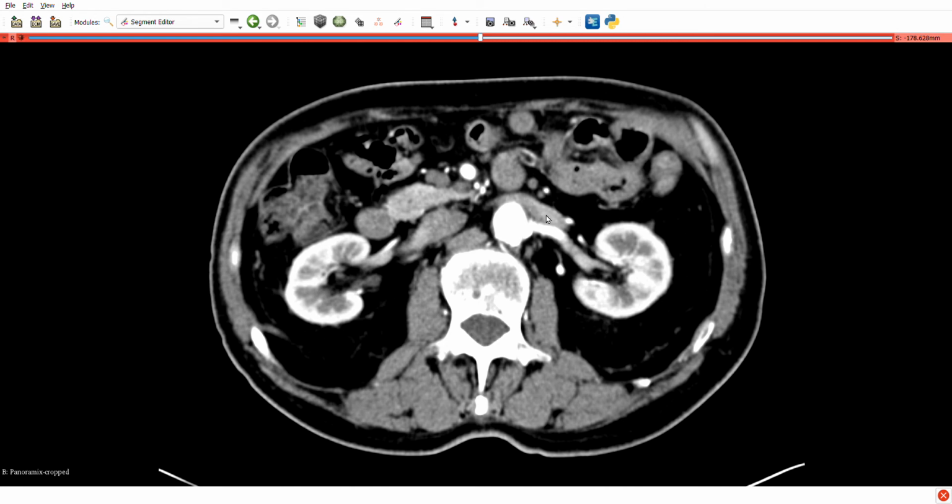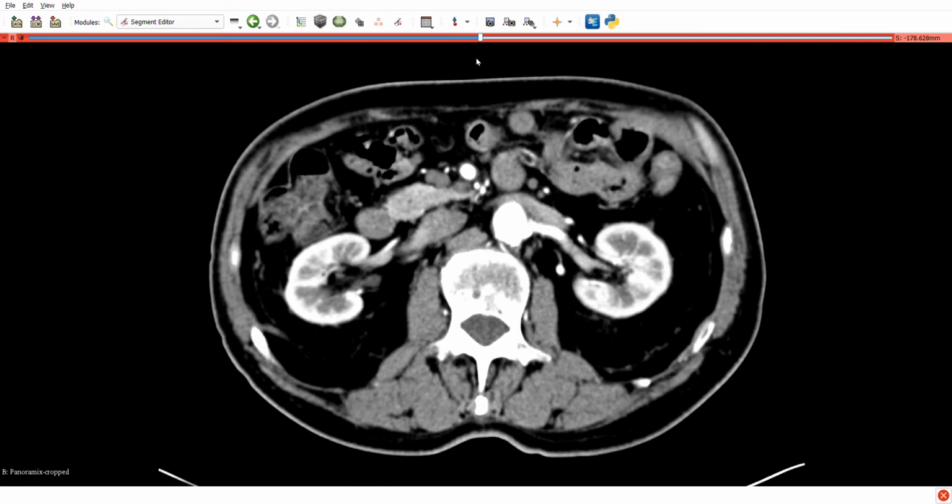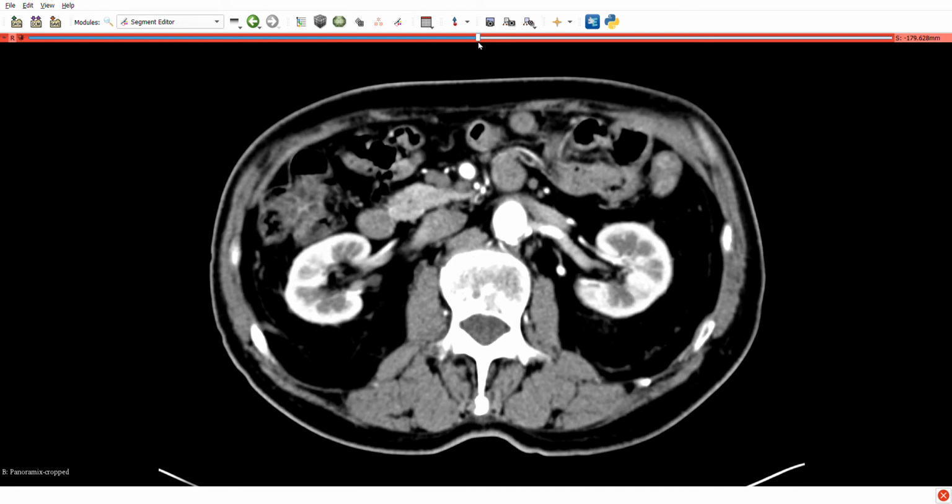And then here is the left renal vein, just in front of it. So there's the left renal vein there. And very nicely on this scan, we can see that left renal vein draining into the IVC behind the superior mesenteric artery.